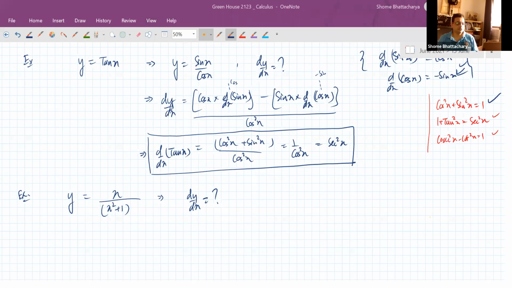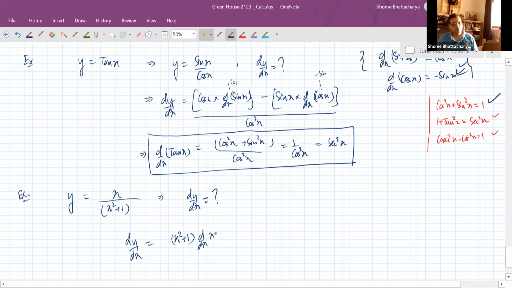Now let's come to the last question, or the second one. So dy by dx once again will become denominator, which is x square plus 1, into differentiation of numerator, which is actually 1, minus numerator into differentiation of denominator, divided by the denominator whole square.